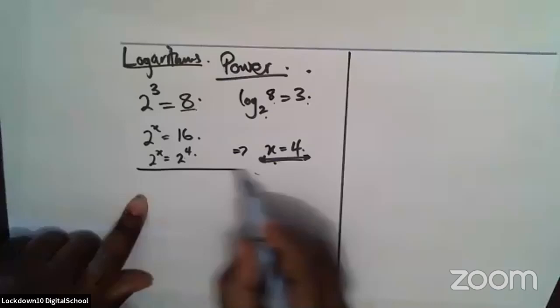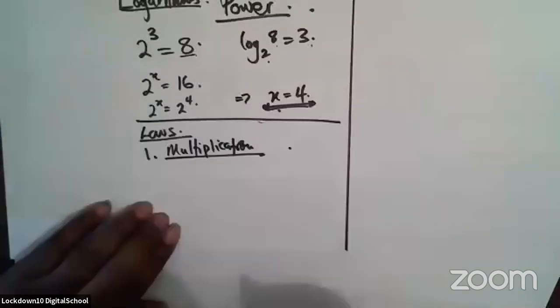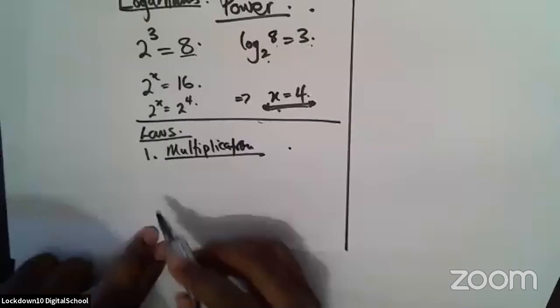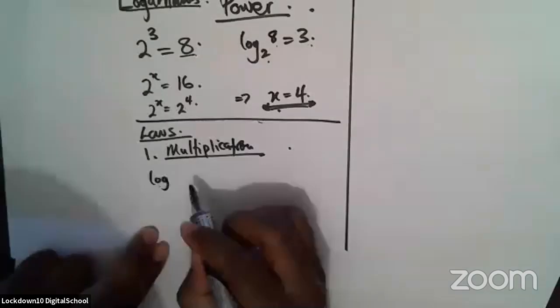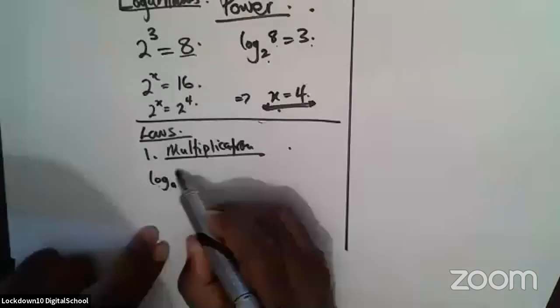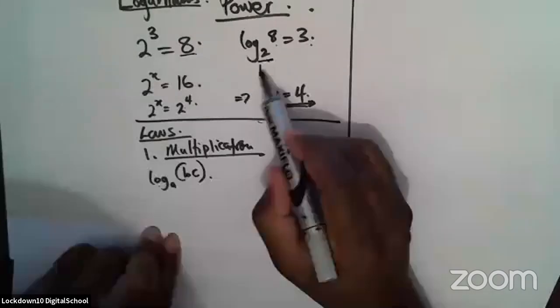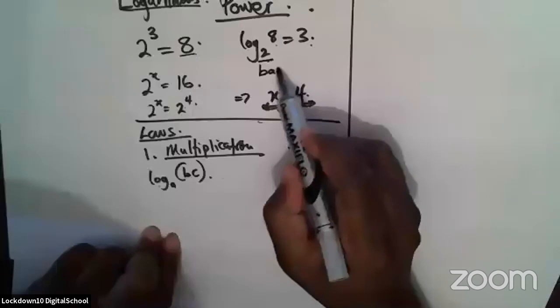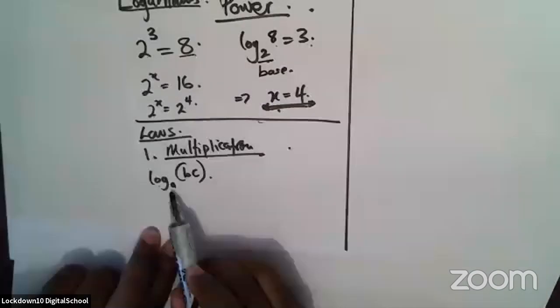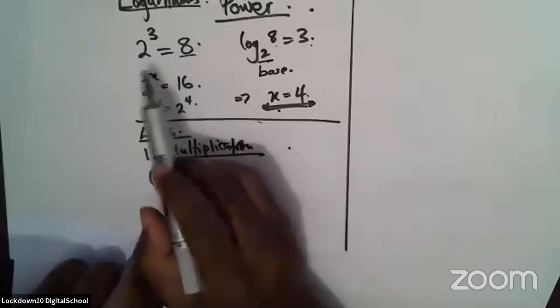So if we go to the laws of logarithms, law number 1 is the multiplication law. The multiplication law states that log to base A of BC, where we always have a base, the same base as the base of the power.